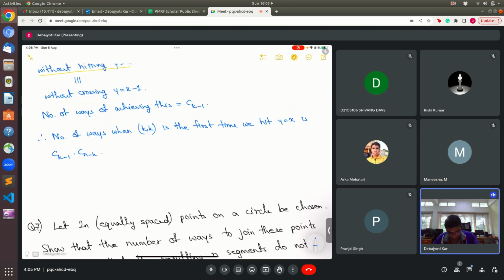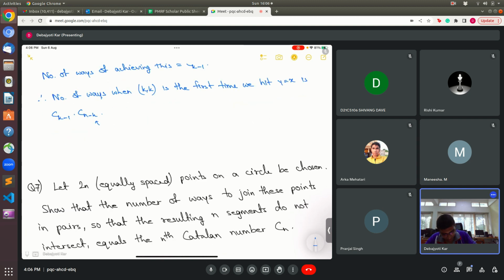In C_{k-1} ways you go from 0, 0 to k, k, and then from k, k to n, n there are C_{n-k} possible ways, and k can take any value from 1 to n. So hence C_n, the number of valid paths from 0, 0 to n, n, is exactly this sum where k varies from 1 to n.